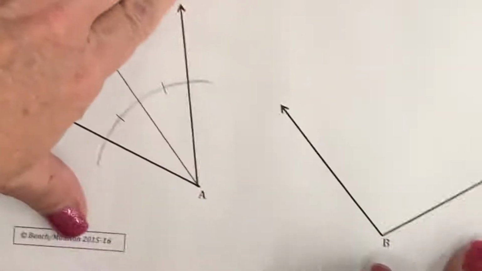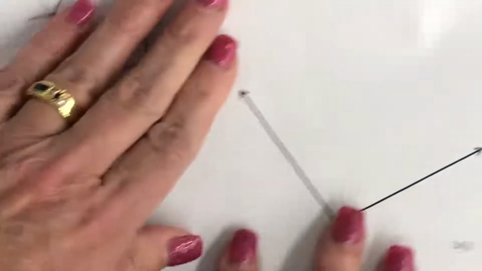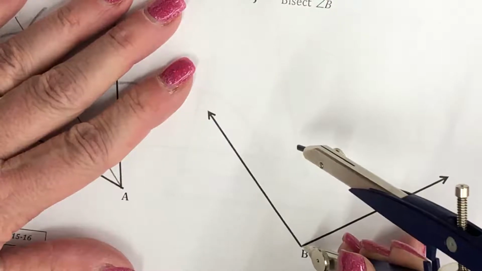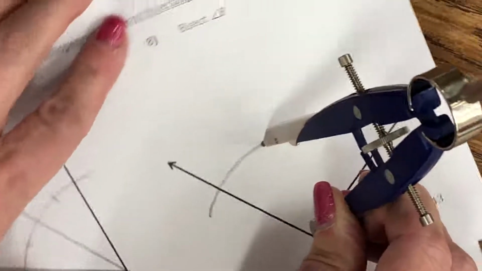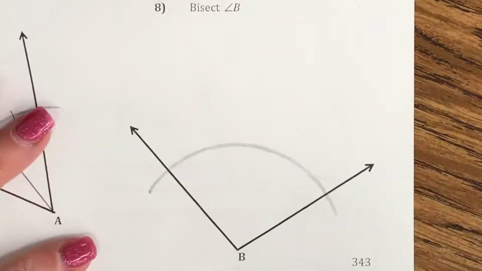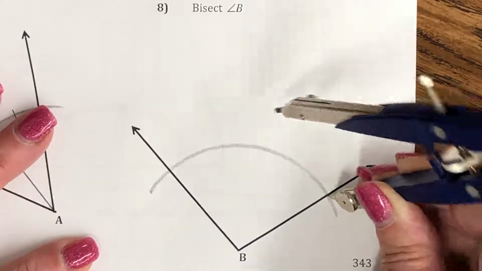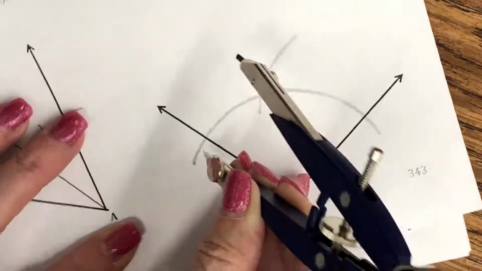Okay, let's try that on B now. So the first thing we're going to do is we're going to make an arc that goes across and creates a point on each ray. So I'm just going to go ahead and go across there. We keep that same measure now, and using this point, make an arc inside.